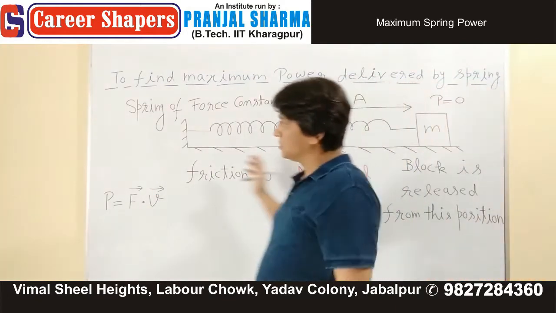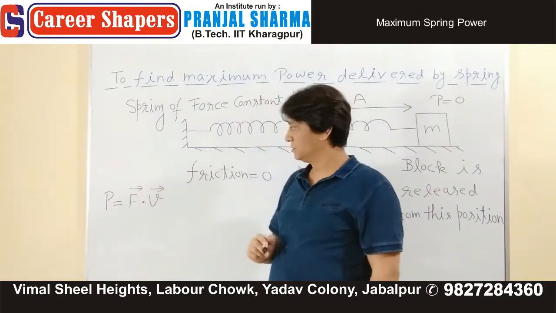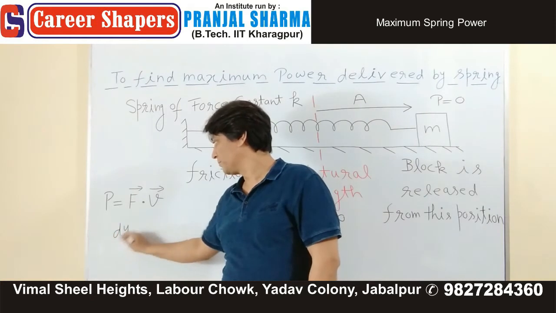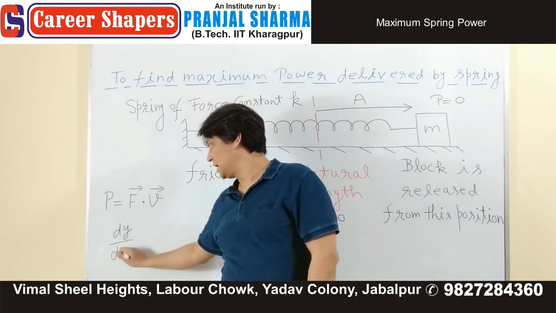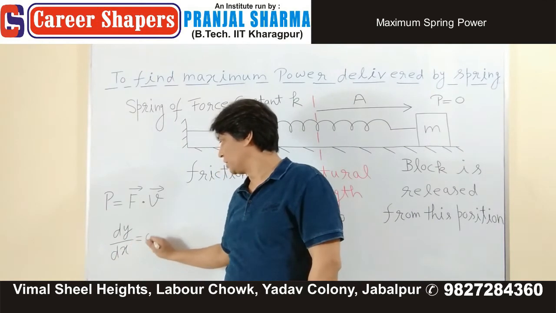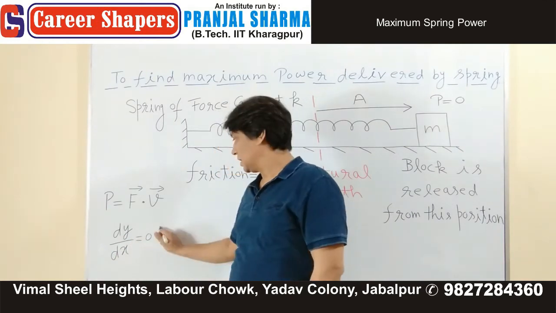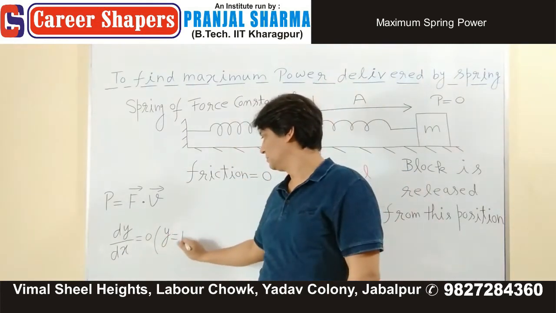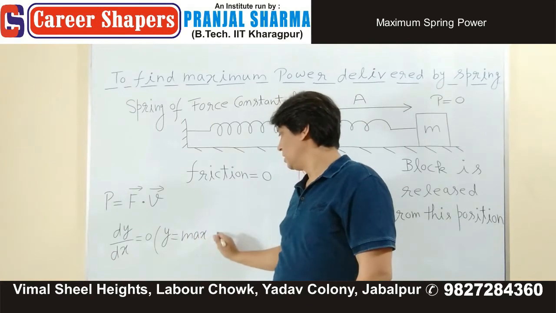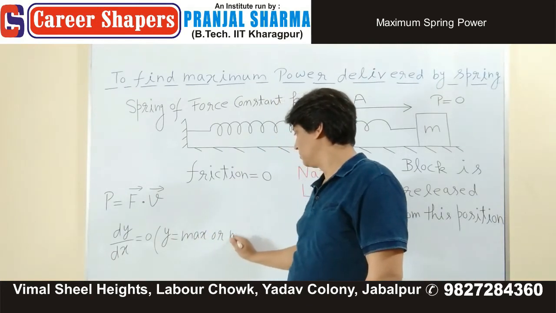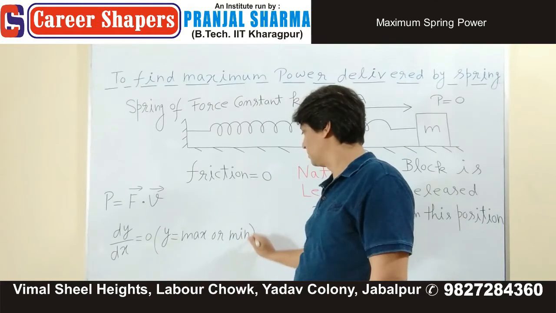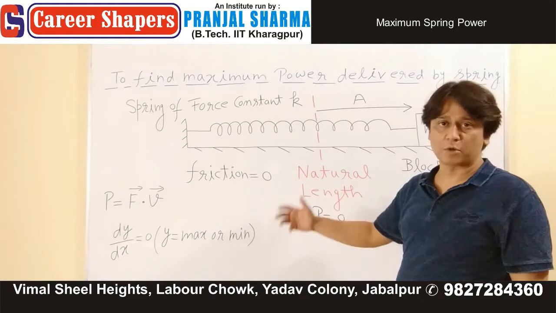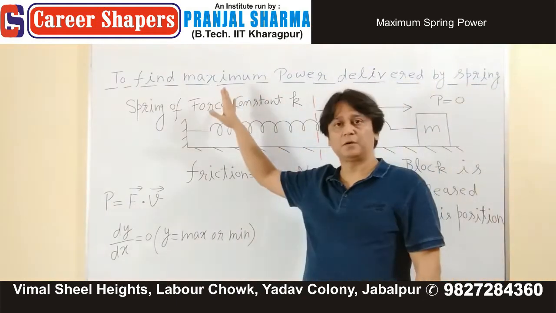When we use maxima and minima, we use dy upon dx equals to 0 for y to be maximum or minimum. In this question, you don't have to worry about whether things are maximum or minimum, because I have already given you that P is what?